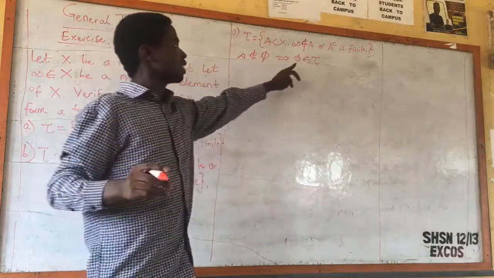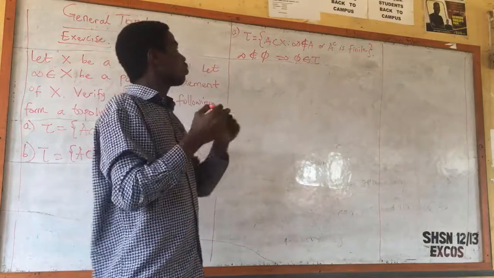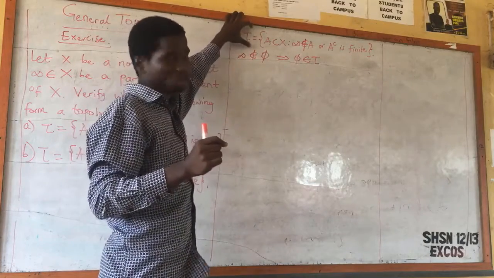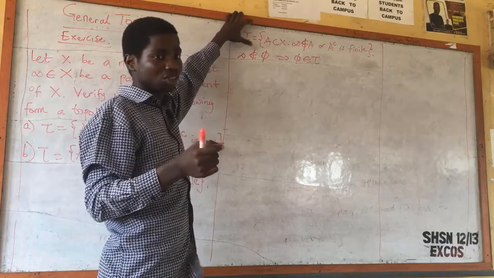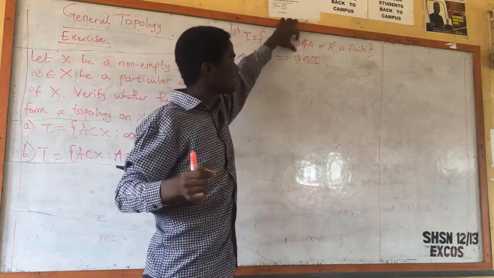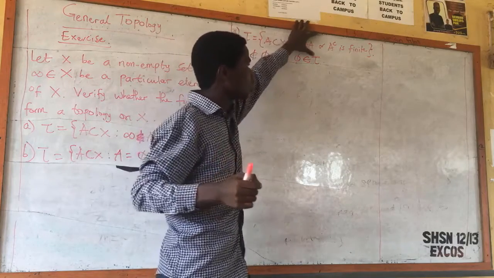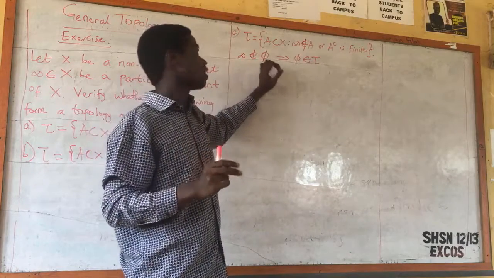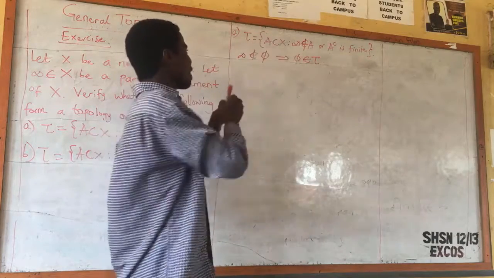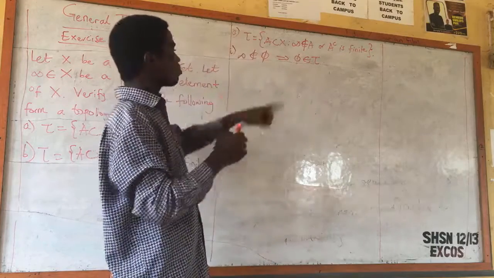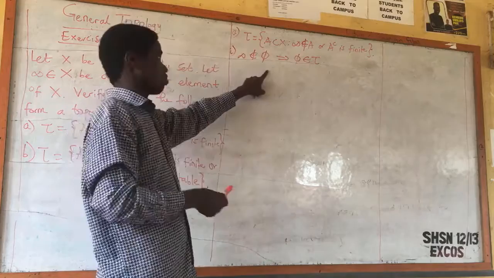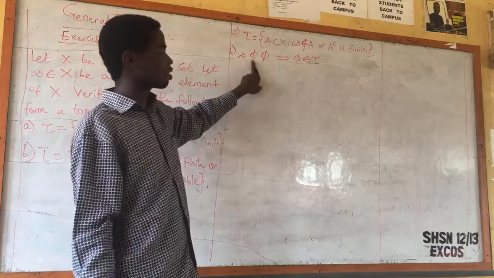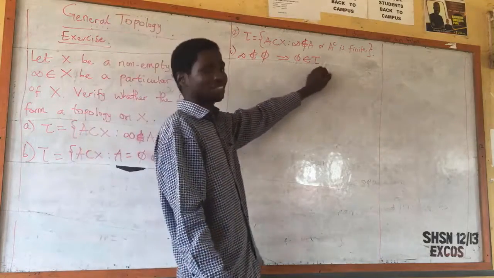For an element to belong to this topology, number one, either infinity is not a member of that element, or the complement is finite. So I need to check whether the empty set or the whole set is in the topology. That's the first thing we need to show. For the empty set, no element is there, and since there is no element there, infinity will not be in the set either. So the empty set does not contain this element, and it means it's in the topology.